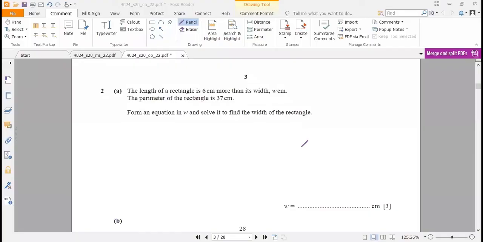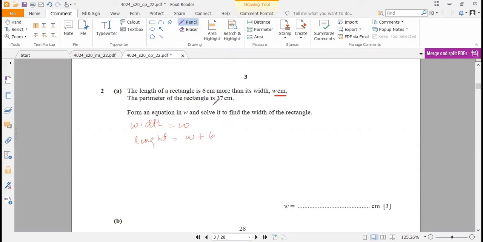Okay. So now we are moving to question number 2. The length of a rectangle is 6 centimeters more than its width, and the width is W. So the width is indicated by the symbol W. The length, being 6 centimeters more, is W plus 6.